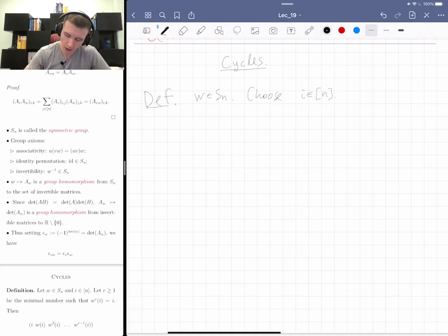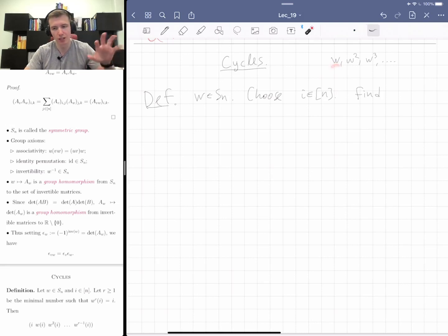Then I'm going to consider W squared, W cubed, and so on. I'm going to iterate my permutation as much as I want. If I iterate it many times, then each number is going to have an orbit, right?